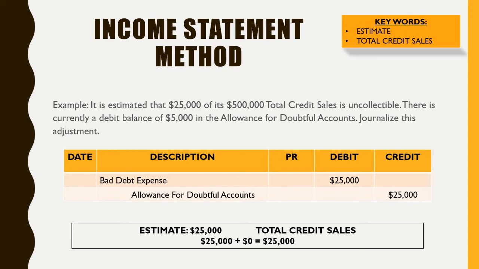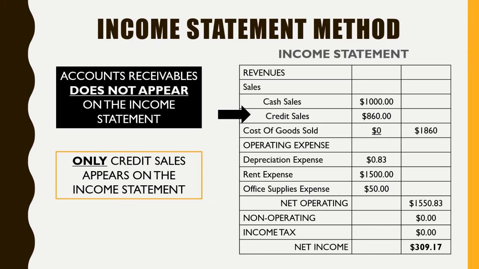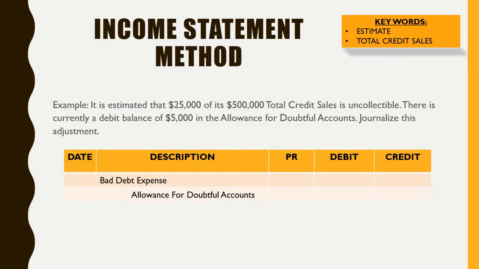So all these totals are being pulled over from the first one. What's the first one? Go back to, what's the name of it? The balance sheet. The income statement method. Go back to it, please.